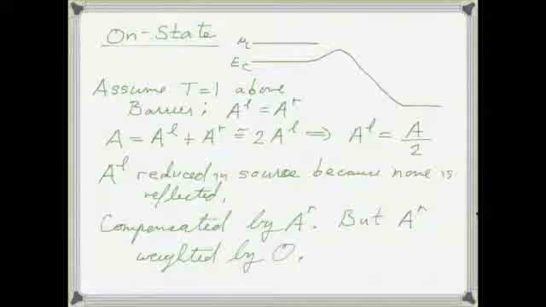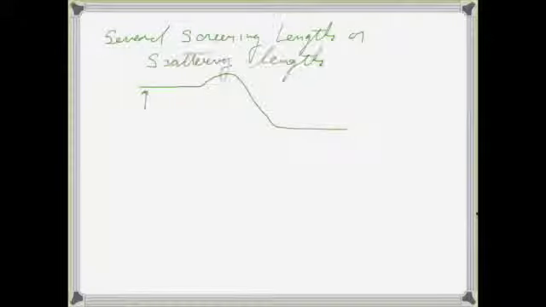Now, physically, it doesn't really seem reasonable that way over here the conduction band edge should be affected by what's going on in the barrier region, somewhere like several screening lengths or scattering lengths back from the channel.